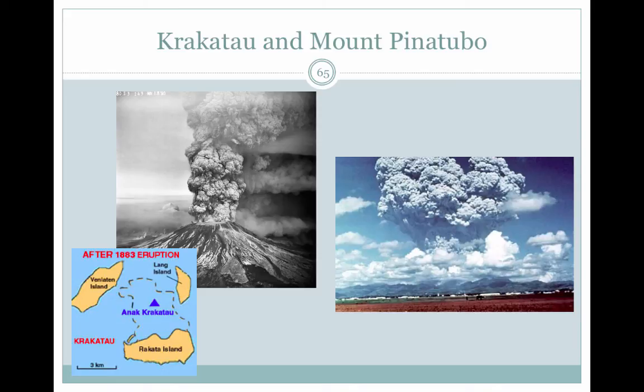We've had 2 volcanic explosions that have provided similar results. This one on the left is Krakatau. When it, I wouldn't say erupted, I'd say exploded in 1883, it not only destroyed most of the island that it was on, it also sent up enough ash into the atmosphere that it cooled the Earth's temperature by a little over 2 degrees Fahrenheit for years.